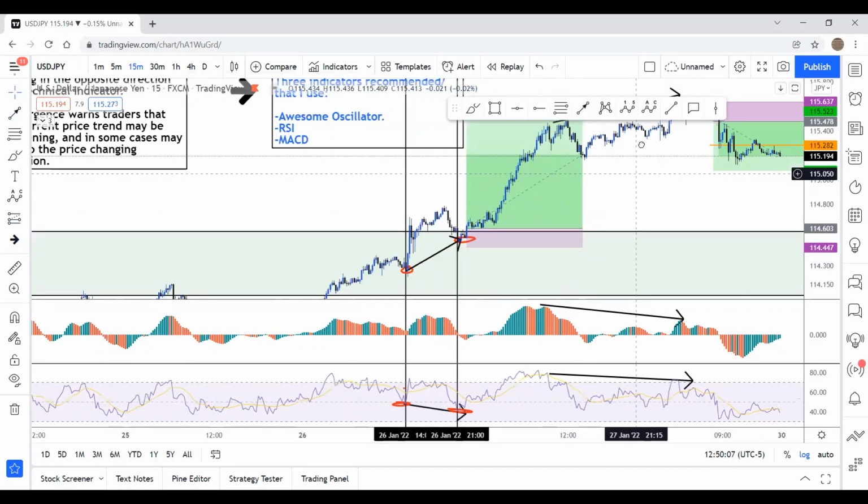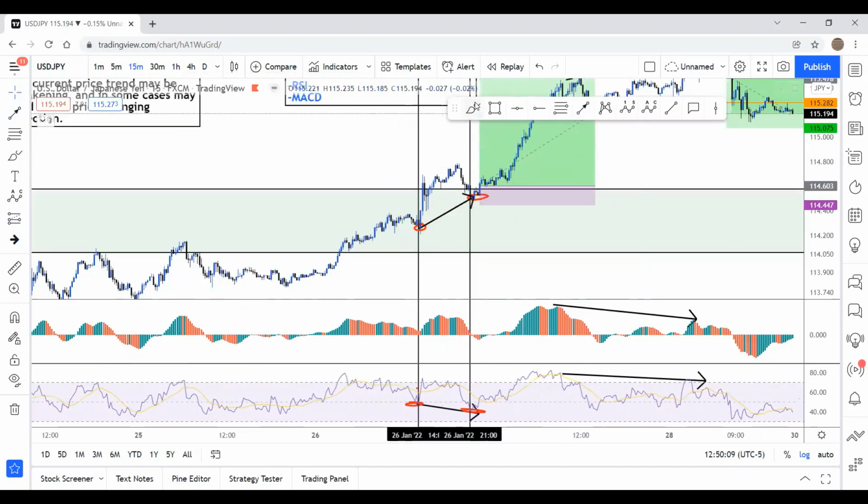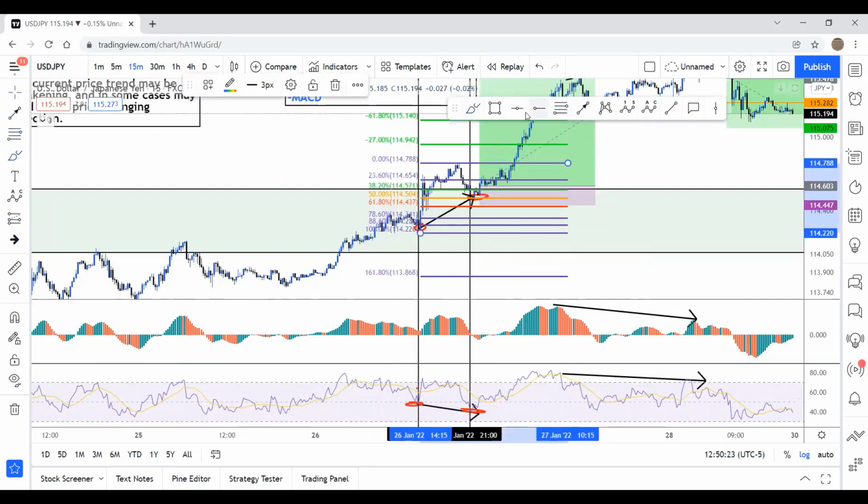Now, as you can see, I have a supply and demand area over here, and what we can look at is that price kind of did a break and retest off a structure over here. So you could do confluence with that, even if you use fibs, from that low to that high right here, we see that price right at this level was a 618 that it just bounced off from.